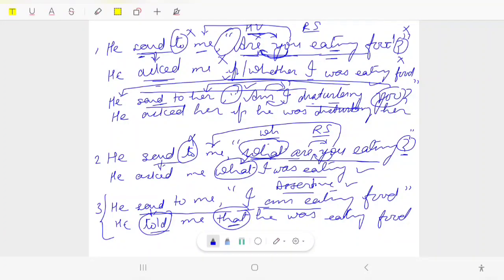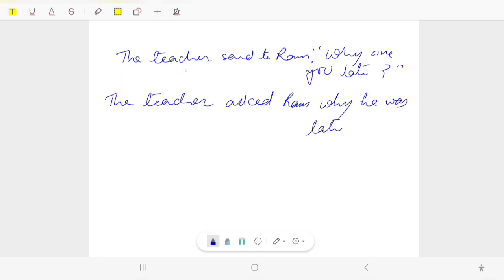Let's have a look at one more example. The teacher said to Ram, why are you late? An interrogative sentence is there, so said will change into asked. The teacher asked Ram, to will be removed. Inverted commas and comma both are removed. Here a WH word is there, so the same WH word is the connector, why.